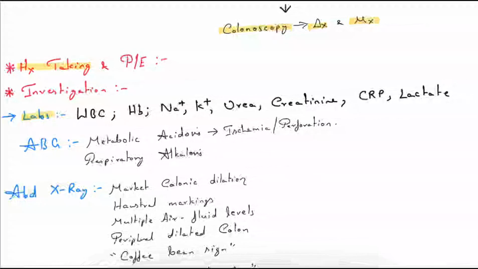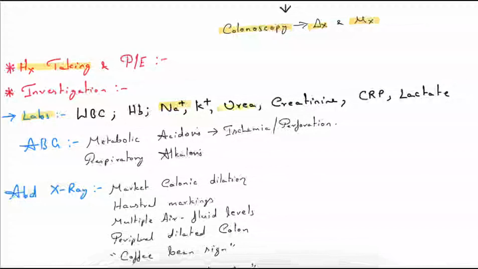Next, electrolytes. Sodium normal level is 135 to 145 millimole per liter. If the sodium is reduced, the patient gets hyponatremia, which can lead to dehydration. Next, potassium. Normal level is 3.5 to 5.0, and it is reduced due to vomiting and nasogastric losses.